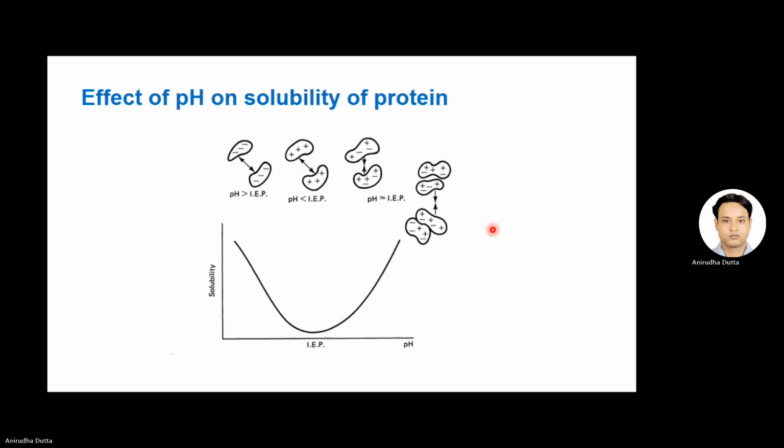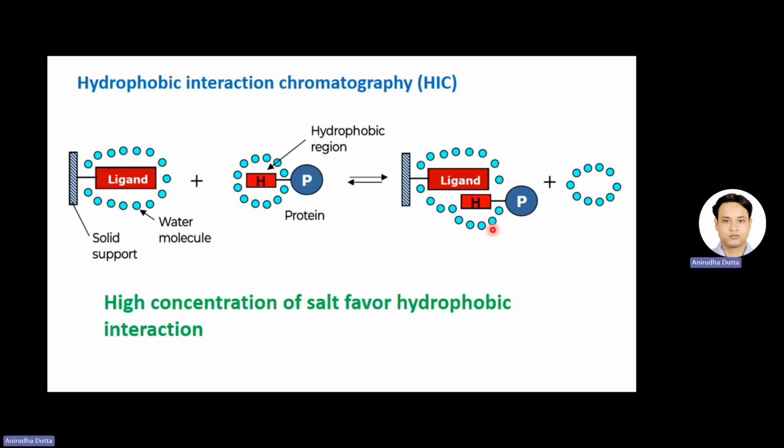For that, we're going to discuss hydrophobic interaction chromatography. In IMAC, the immobilized metal affinity chromatography, the interaction between protein and the matrix was a proper affinity interaction, meaning protein-ligand interaction.